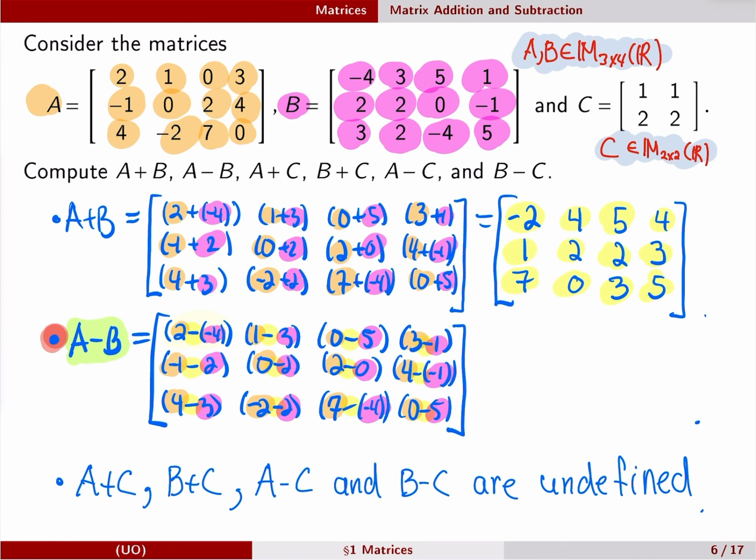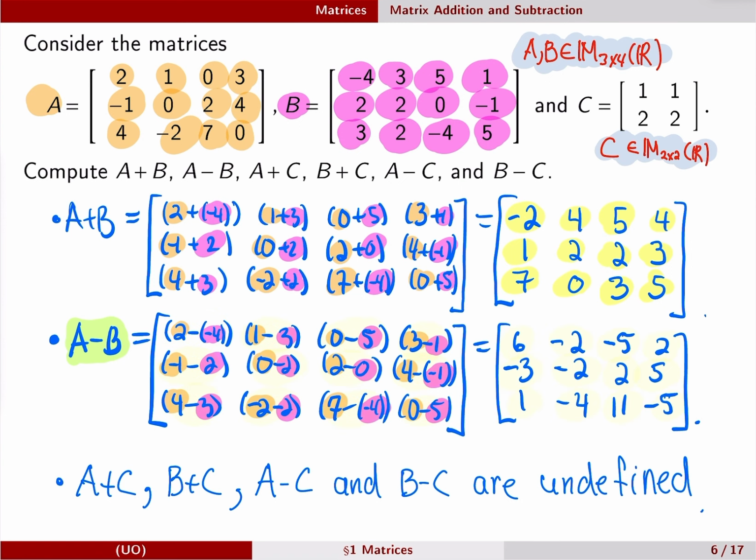As you compute everything, for example, 2 minus minus 4, you're going to get 6. 1 minus 3 is minus 2, 0 minus 5 is minus 5, 3 minus 1 is 2, 1 minus 1 is 0, 0 minus 2 is minus 2, 2 minus 0 is 2, 4 minus minus 1 is 5, 3 minus 4 is minus 1, 2 minus 2 is 0, 7 minus minus 4 is 11, and 0 minus 5 is minus 5. That's it.